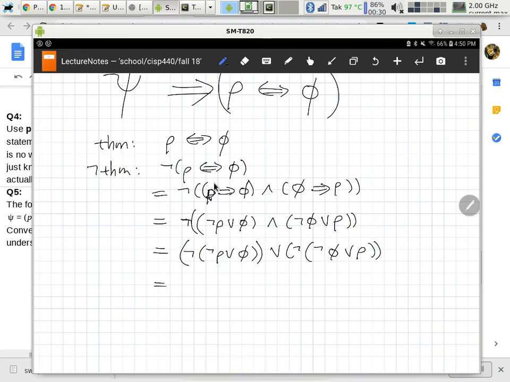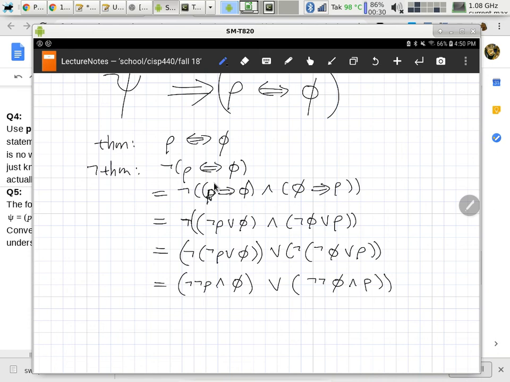And now we apply De Morgan's law again into the inside of each or. So the first one becomes not rho and phi. The second one becomes not phi and rho.